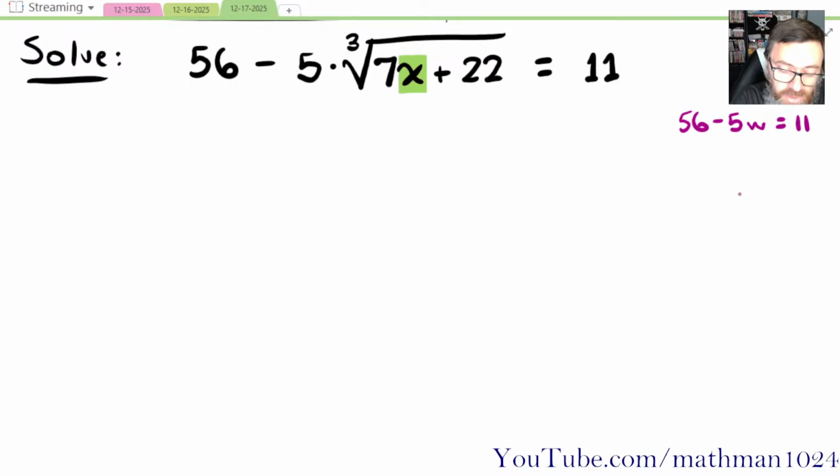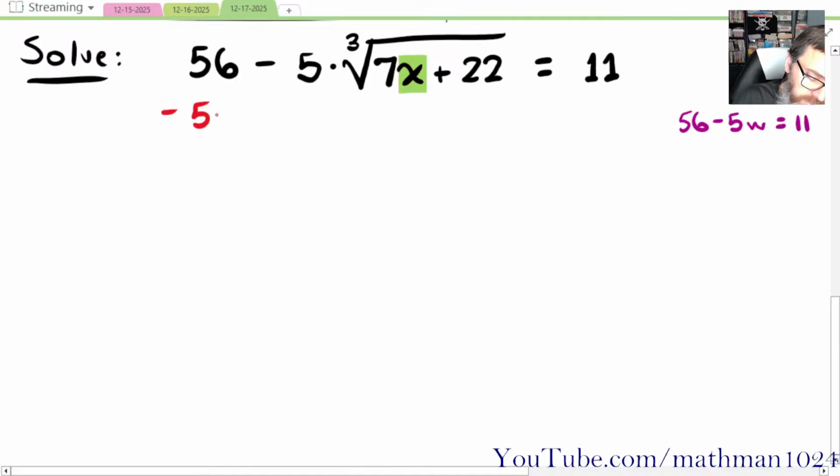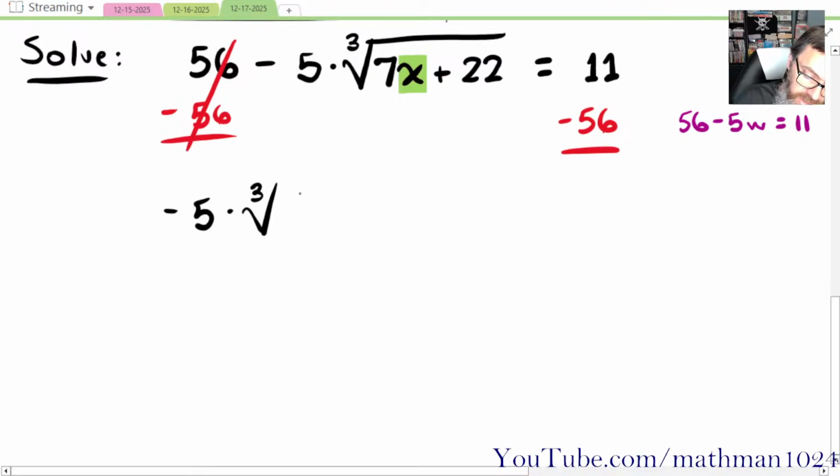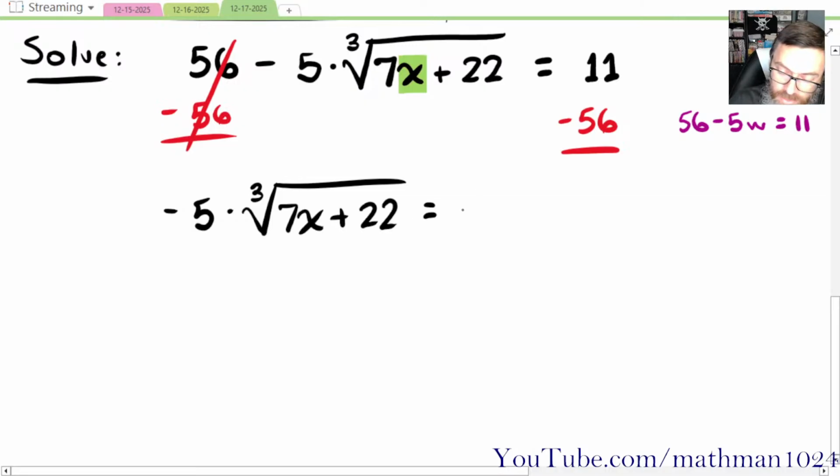So peel away the layers, starting with the thing that is least connected to the variable, which is the 56. He's all the way out here, not even close to touching that. So we subtract 56 on both sides. We now have negative 5 times this cube root is equal to negative 45.